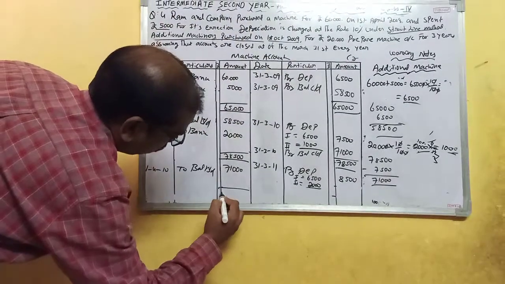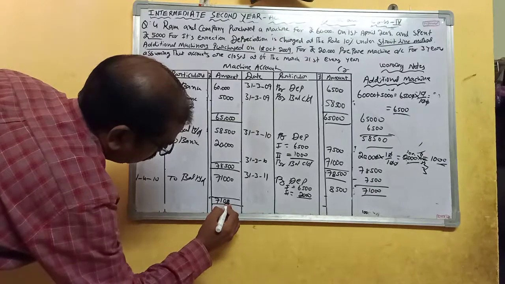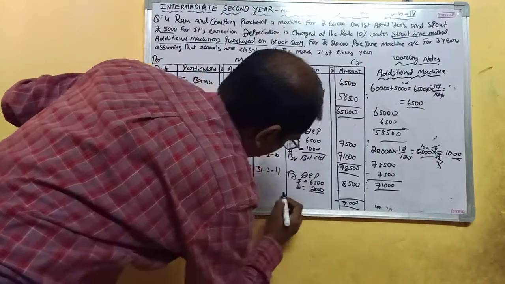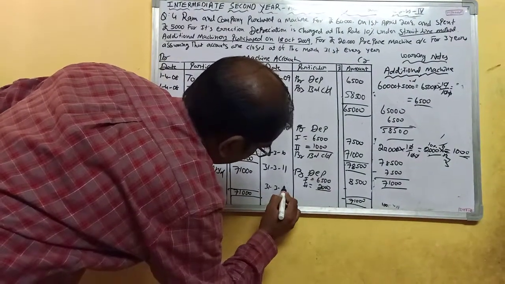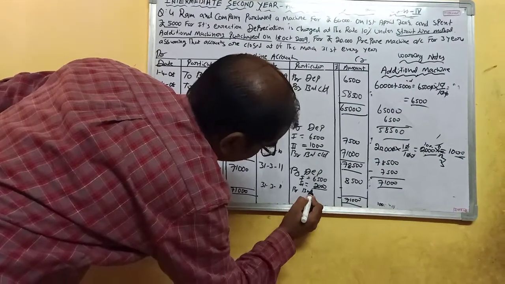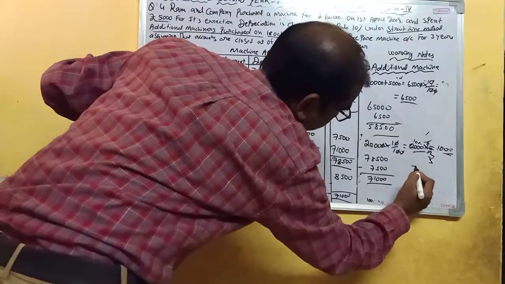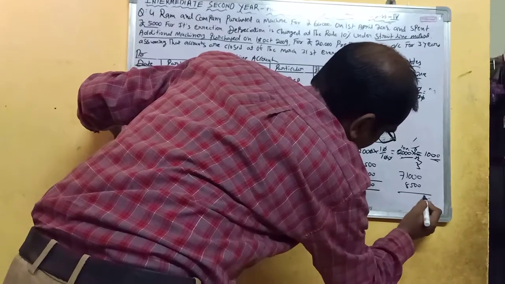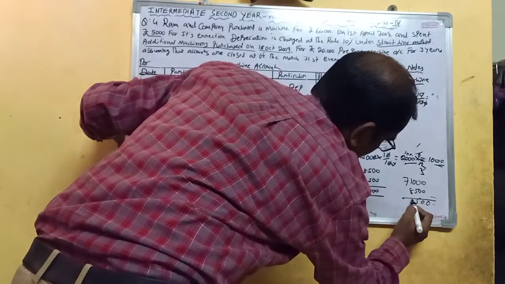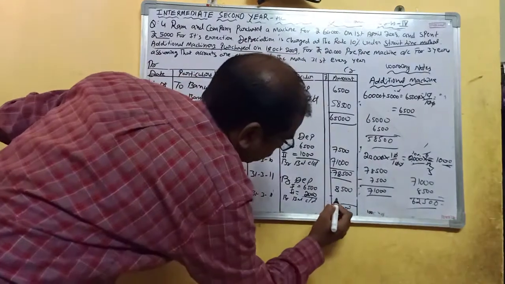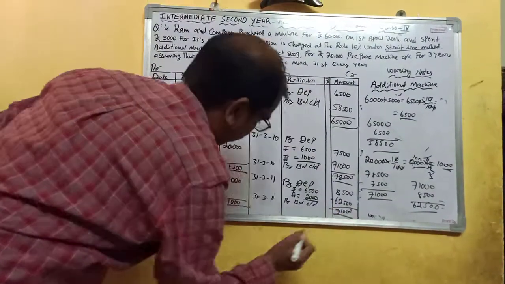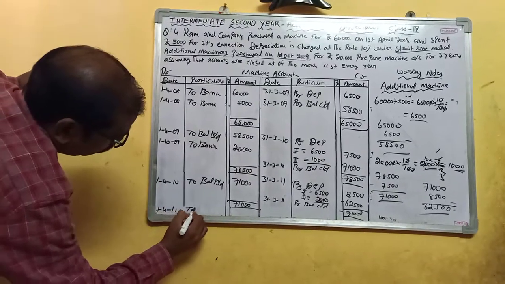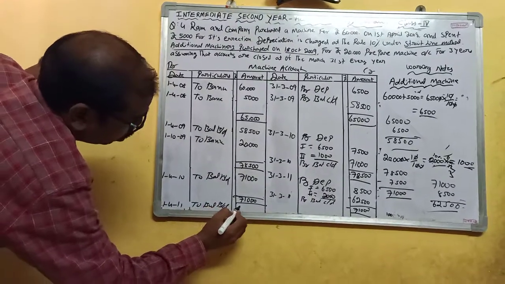I am closing the accounts again, 71,000. On 31st March, by balance carried down: 71,000 minus 8,500 is 62,500. Next year carry forward, 1st April, to balance brought down, 62,500.